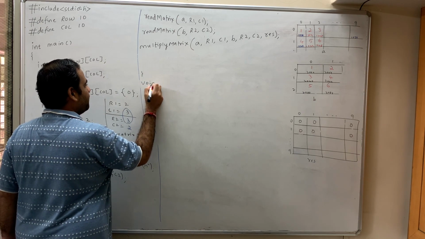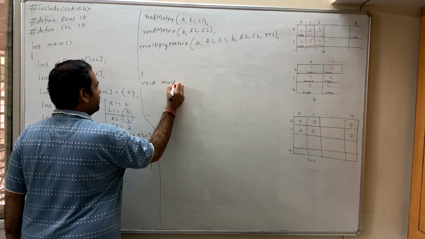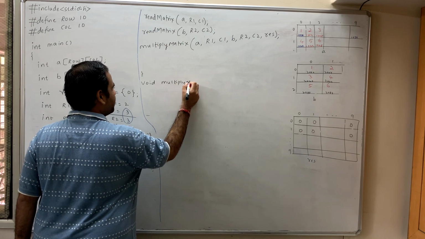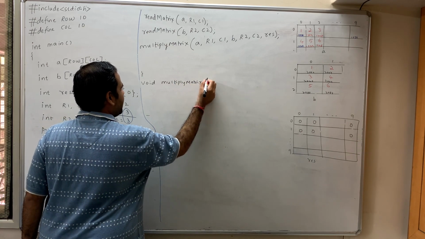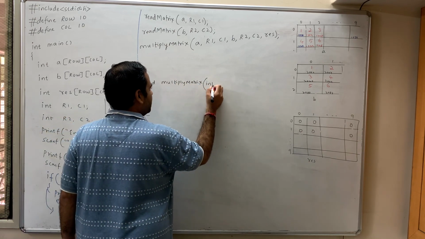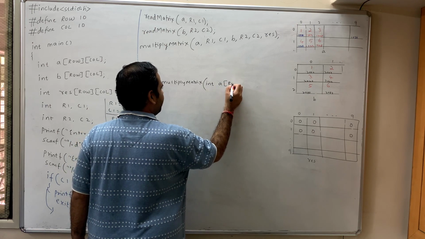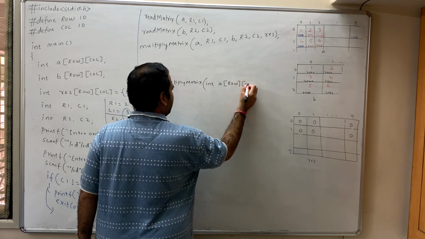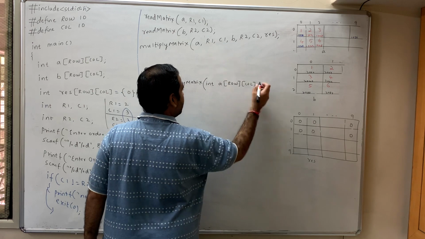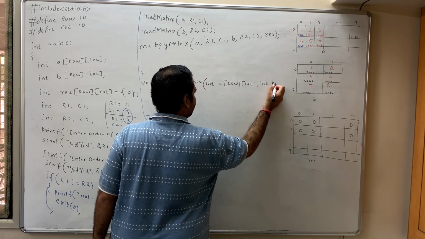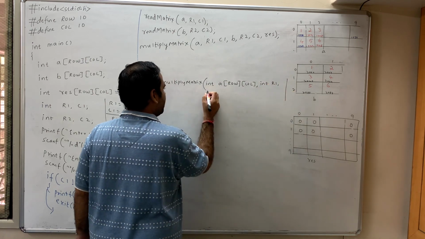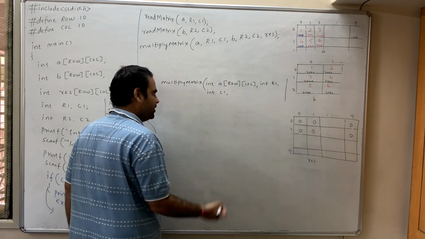Let's say void. What is the function name? Multiply matrix. What is the first parameter? Integer 2-dimensional array, int A of row column. What is the second parameter? R1. Let me take R1 itself. What is the third parameter? C1. Let me take C1 itself.